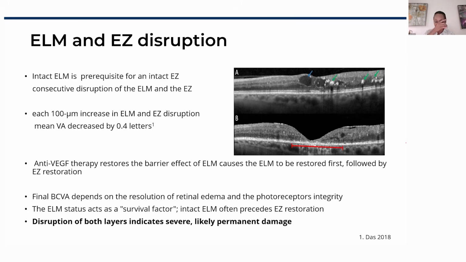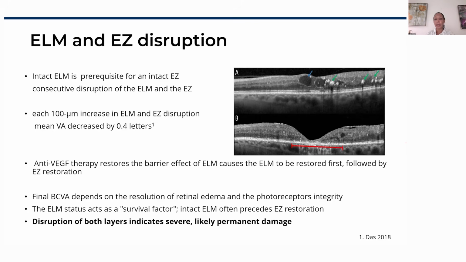Your final visual acuity is going to depend on the resolution of your retinal edema, your photoreceptor integrity, and also the organization within the inner retina. So there are a lot of things you have to look at to give a prognostic idea of what the visual acuity may be like if we give an anti-VEGF or treatment for macular edema.